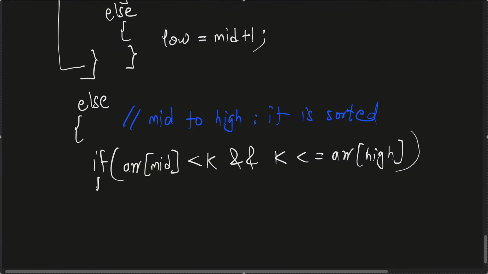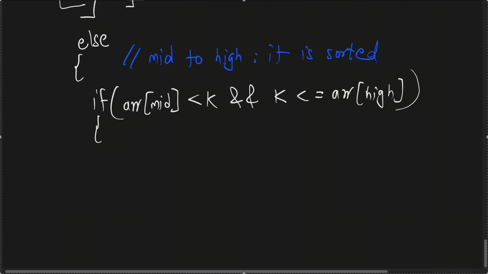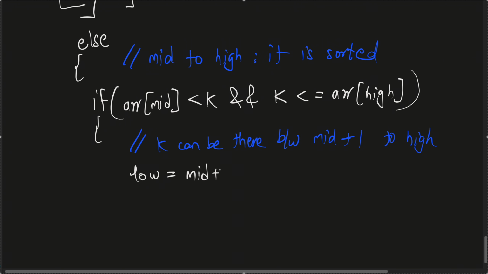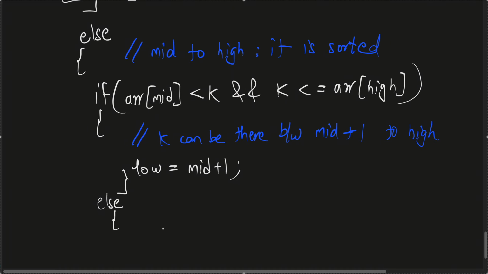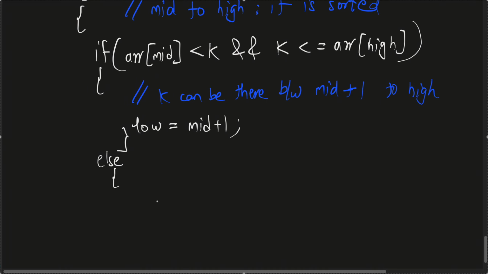So in that case, what observation can we get? That means k can be there between mid plus 1 to high, right? So then we will move towards that. We will update our low is equal to mid plus 1. Else we will update our high pointer.